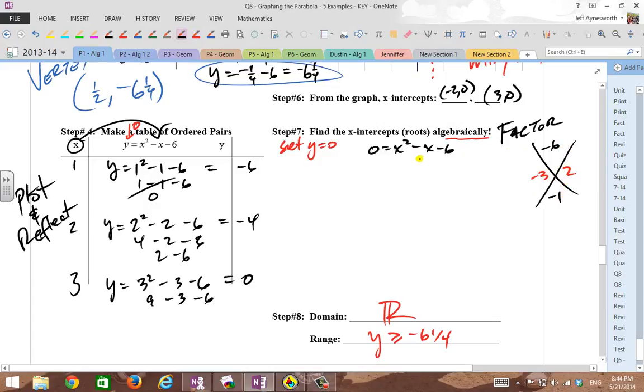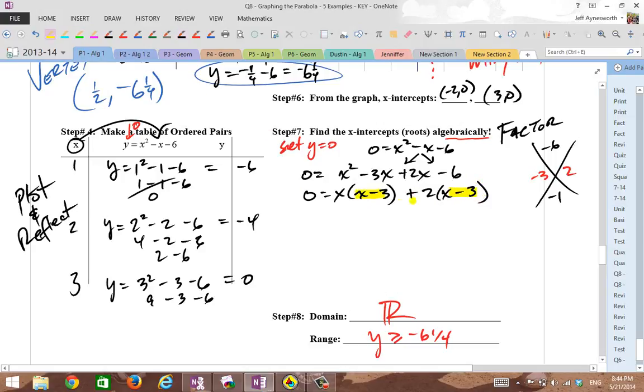So let's do some factor by grouping and split the middle term. We got x squared minus 3x plus 2x minus 6. Factor out the x here. Factor out the 2 here, because they're both even, so they have that in common. I see an x minus 3 in common, so let's factor that out.